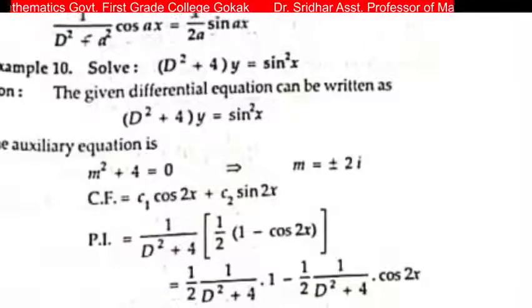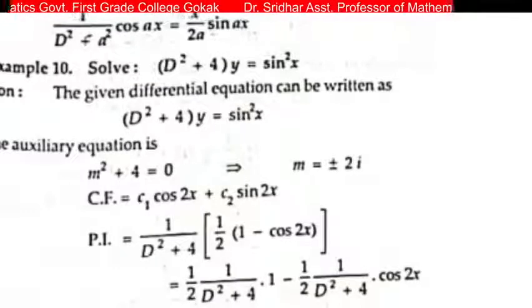So in that case we convert the given function into the form of single degree. Here sin square x can be written as (1 minus cos 2x) by 2 by using trigonometric identities. So now we operate on this: 1 by 2 into 1 by D square plus 4 into 1, minus 1 by D square plus 4 into 1 by 2 into cos 2x.